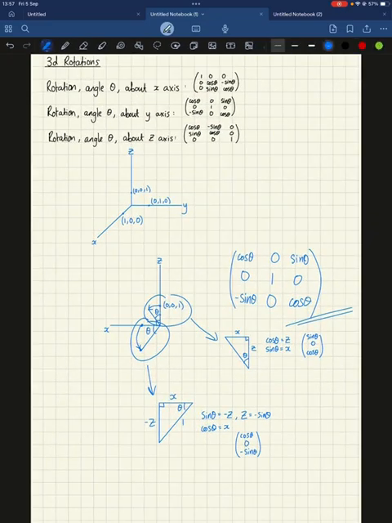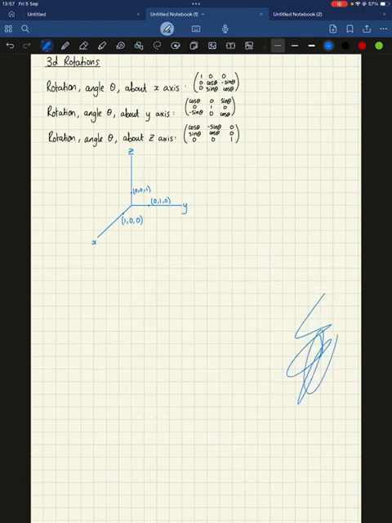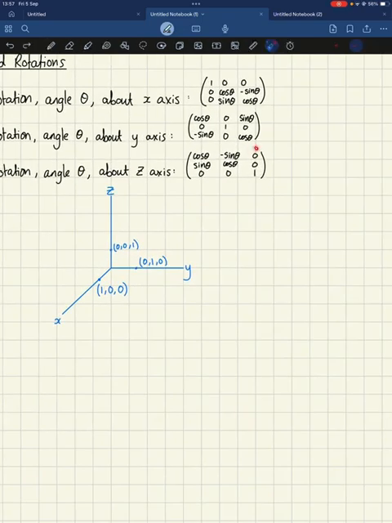Now hopefully, because we've done 2 examples now, you can do it yourself for a rotation about the z-axis, so I won't go through that one. But you can see that the z vector will be invariant, so it stays as 0, 0, 1. We will just be dealing in the xy plane, so that looks like that. This j vector will be going anti-clockwise, so over here, that's theta.